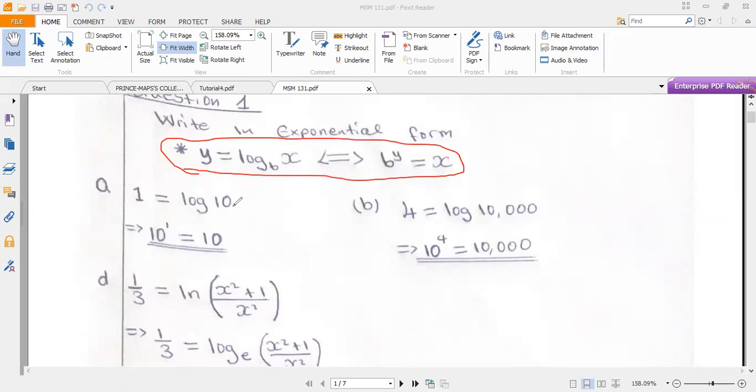In this case, I've said if they haven't written the base, it means the base here is 10.